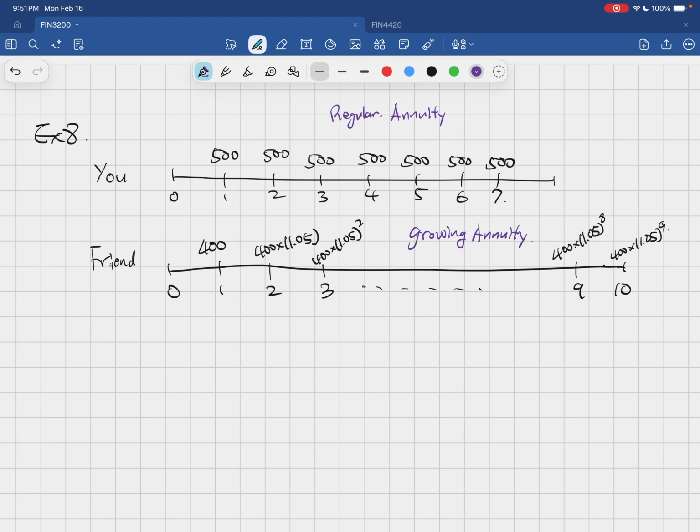The payments actually grow at 5% per year, so it's a growing annuity. So we can calculate the present value of your security at time 0, and we can calculate the present value of your friend's security at time 0.